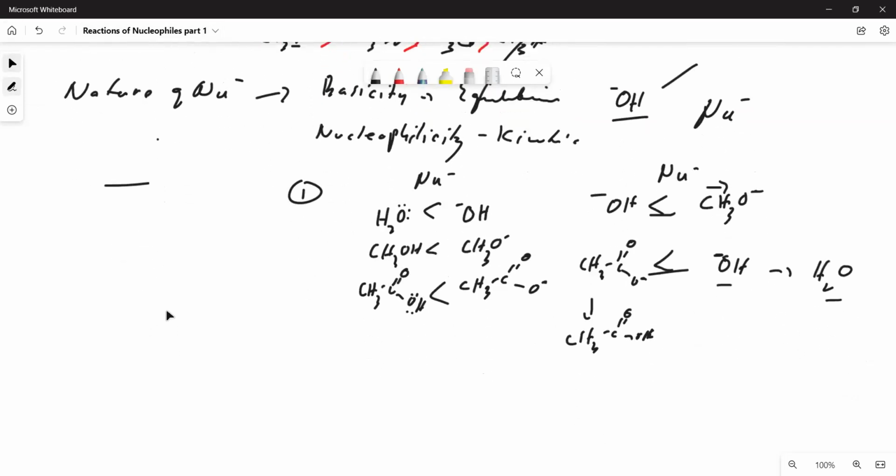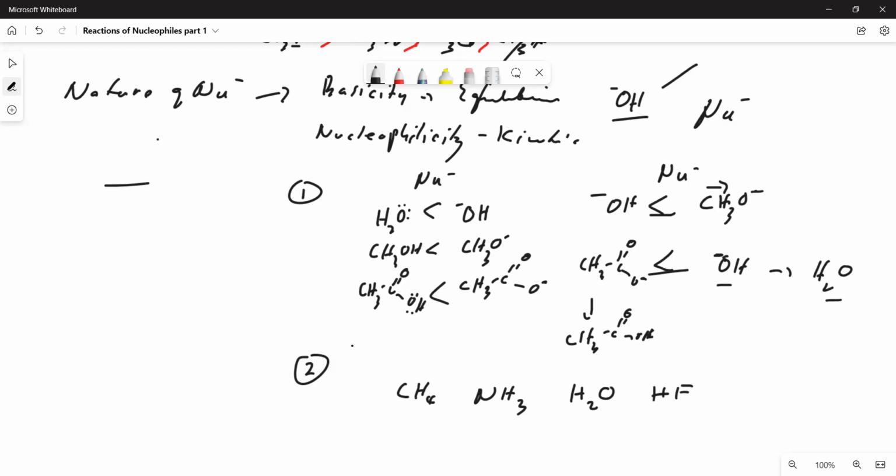Now, the second case, what will happen if they have different nucleophilic centers, but the sizes of the nucleophilic centers are almost the same? Like for example here, those atoms that belong to the same period in the periodic table, like carbon, ammonia, water, and hydrogen fluoride.